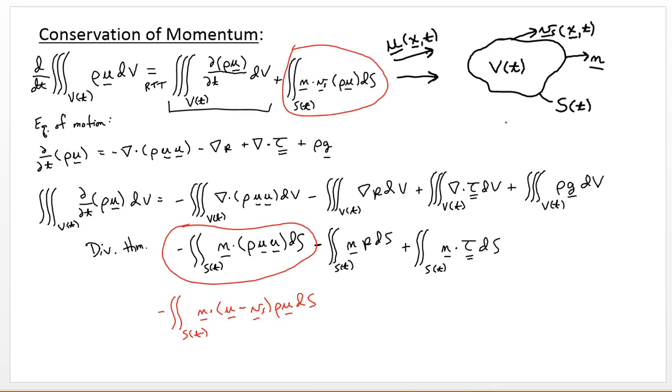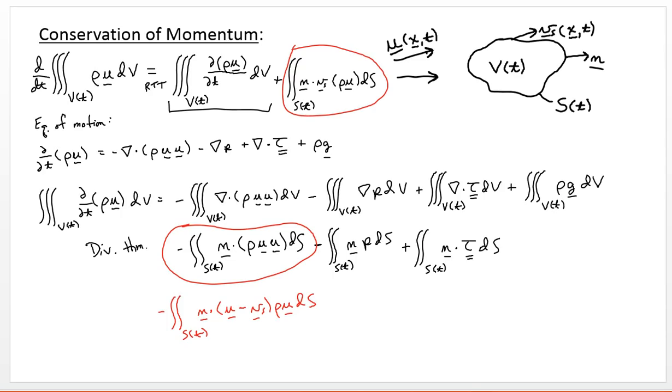Minus n points out, so minus n points in. Therefore, this is the force of the fluid surrounding the control volume on the fluid within the control volume. And finally, these are the viscous stresses exerted by the fluid outside the control volume on the fluid inside the control volume. And then we have the effect of gravity on the fluid within the control volume.